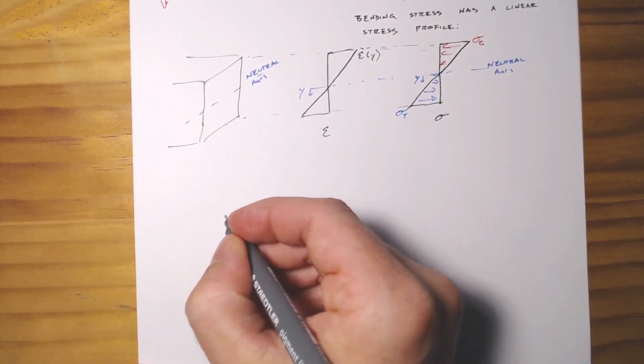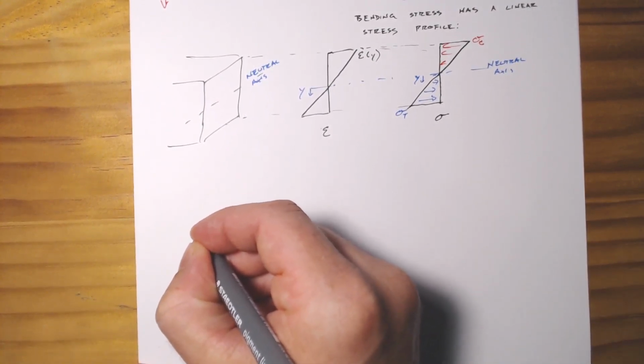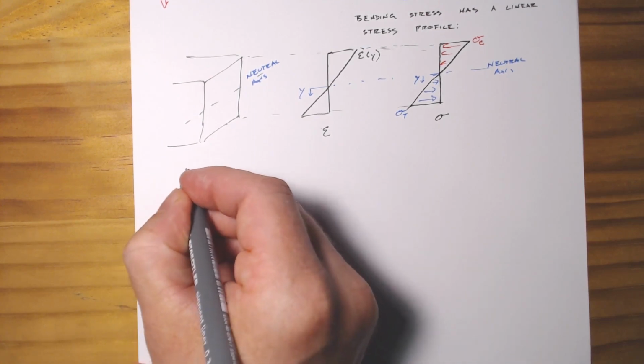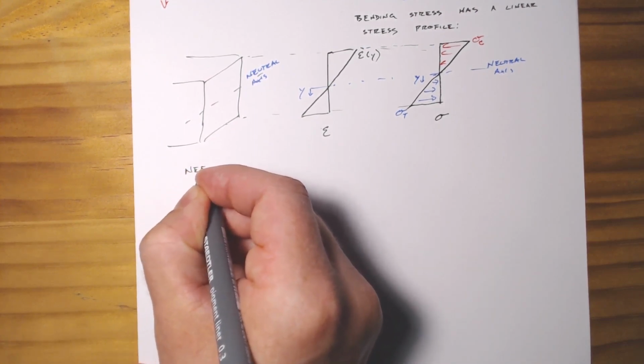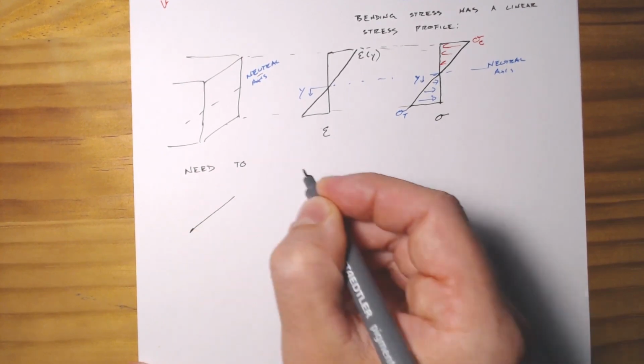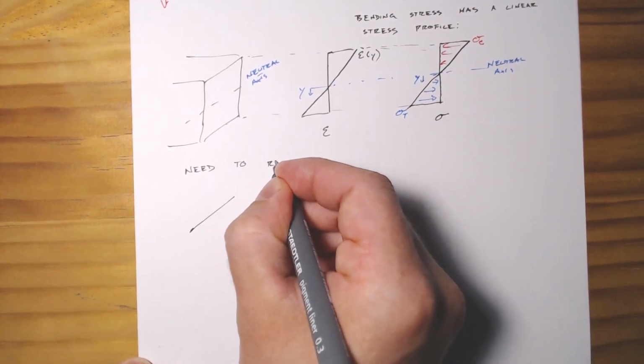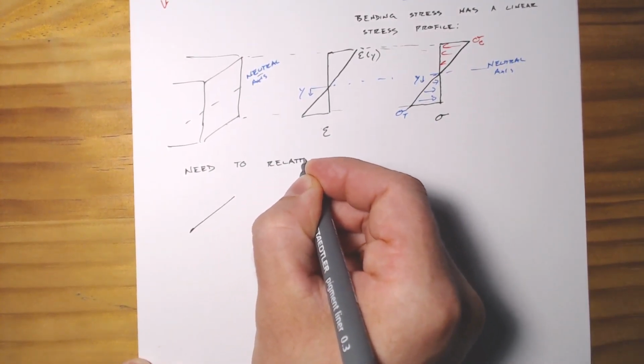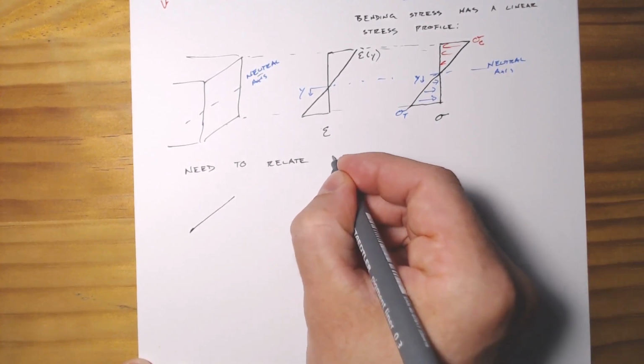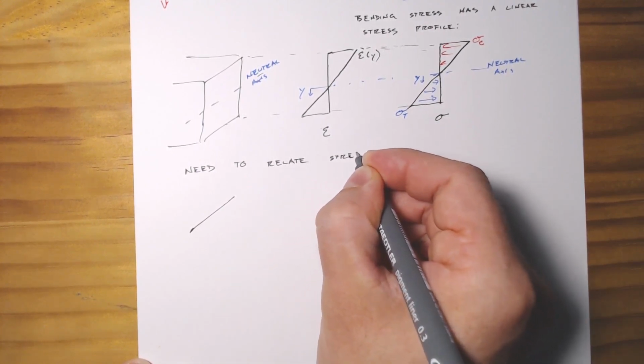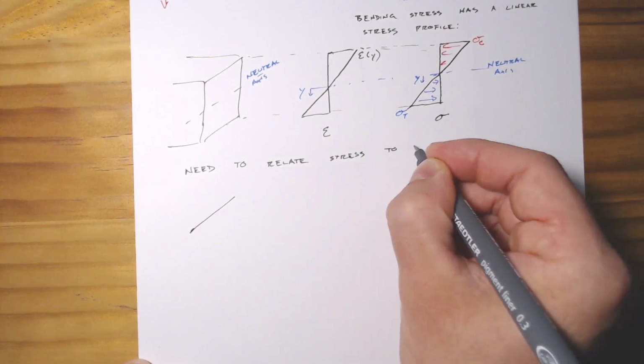So if we have our cross section, we need to relate stress to applied moment.